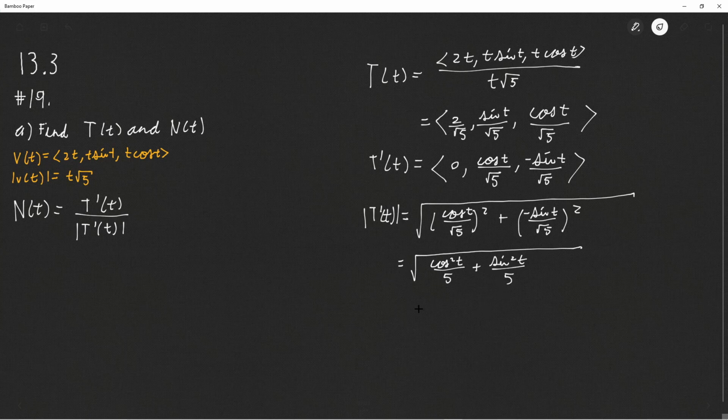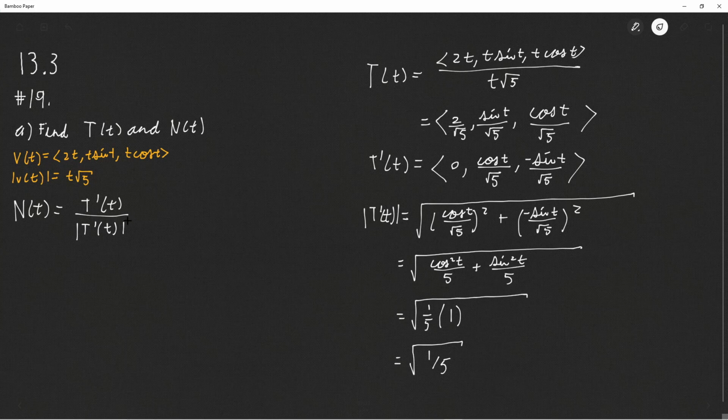Now if we factor out the 1/5, this will just become 1/5 times cosine squared of t plus sine squared of t, which just equals 1. So this gives us our magnitude is equal to the square root of 1/5.